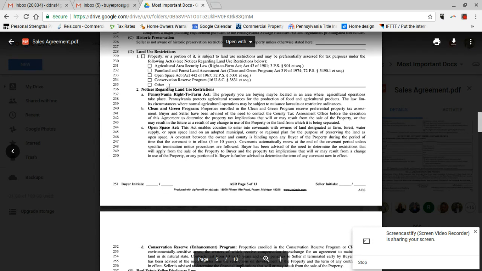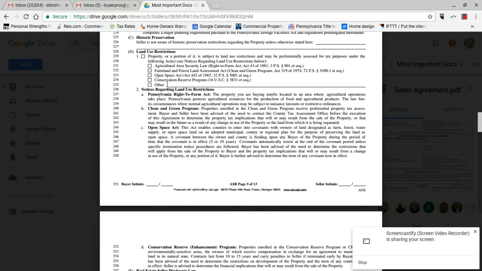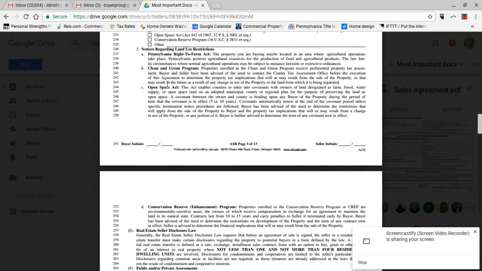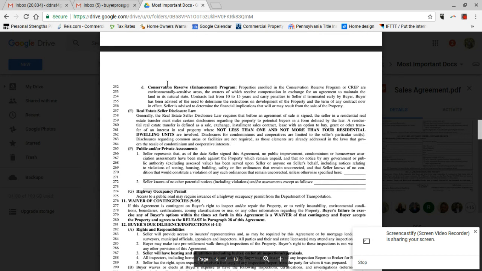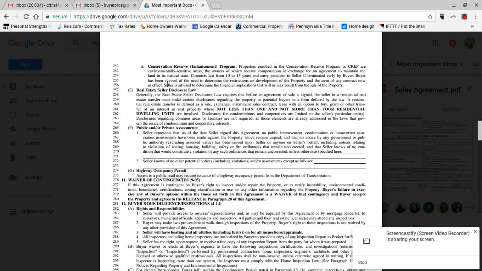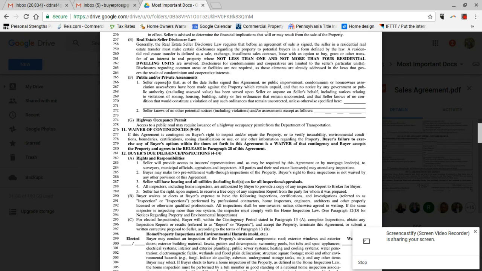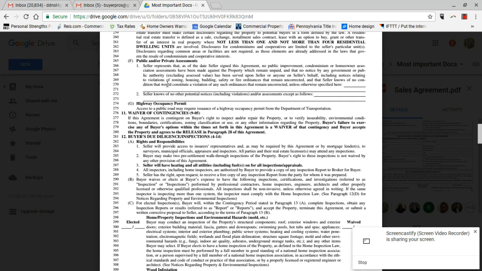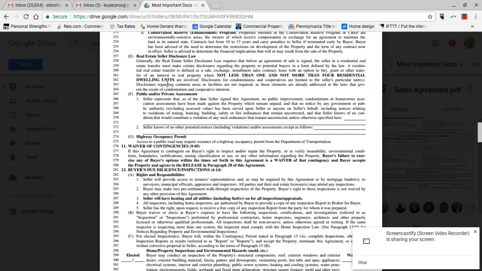Does it have any special land use or restrictions? There are more notices there. So that's all. There's your real estate seller disclosure law that tells you how that works.